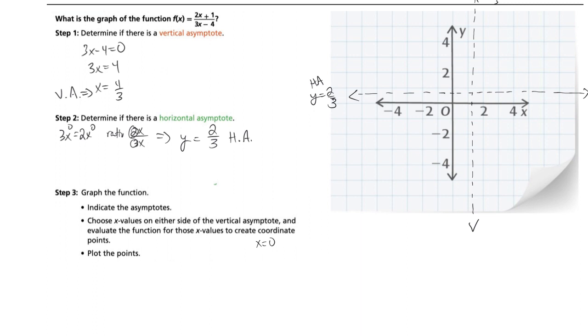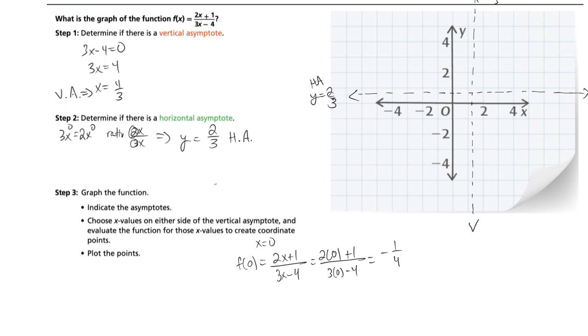So f of 0 is equal to 2x plus 1 over 3x minus 4, and I'm going to substitute in 0 for x. So we get negative 1/4. Where does negative 1/4 land?